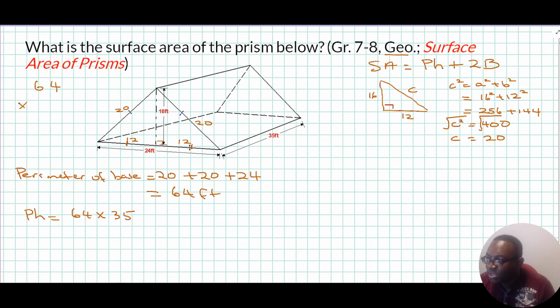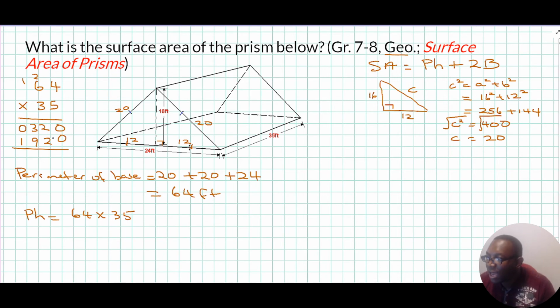64 multiplied by 35. 4 multiplied by 5 is 20. We write 0, bring 2 up here. 6 multiplied by 5 is 30, plus 2 is 32. Now I'm going to put a 0 here. 4 multiplied by 3 is 12. I write 2, bring 1 up here. 6 multiplied by 3 is 18, plus 1 is 19. I'm going to write it this way, putting a 0 up here, so I have the same number of digits.